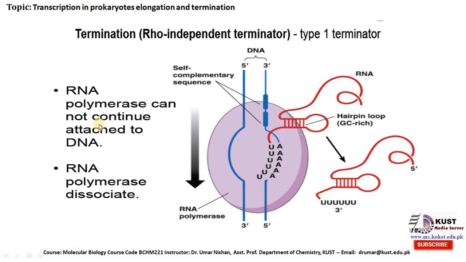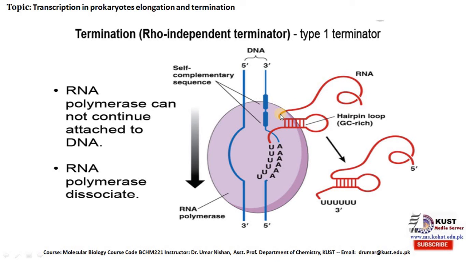Now, this is another view of RNA polymerase that cannot continue attached to DNA. RNA polymerase dissociates. You see here the self-complementary sequence. This is 5' to 3' and 3' DNA. This is 3' 5'. This is the RNA polymerase. Here is the hairpin loop, which is GC rich.